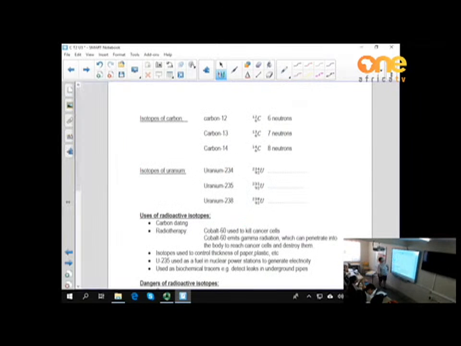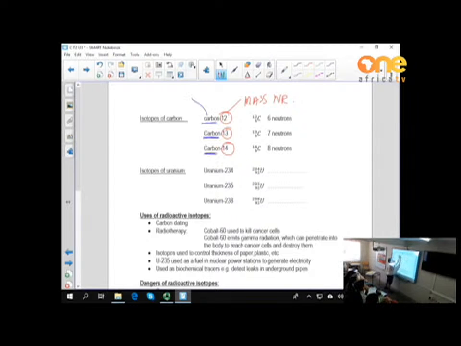Okay, people, many elements have isotopes. Here's another example. Carbon, I spoke about carbon a little while ago. 3 isotopes of carbon. When we talk about a specific isotope, I refer to it as carbon 12, carbon 13, carbon 14. What does this refer to? The mass number. What does this refer to?